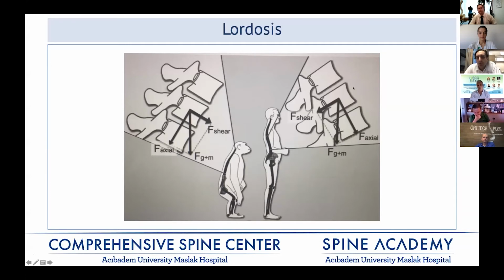So up to when the human stood on two feet with a lordosis in the lumbar area, the shear forces were always anteriorly directed. But for the first time, now we have a posteriorly directed shear force in our spine.